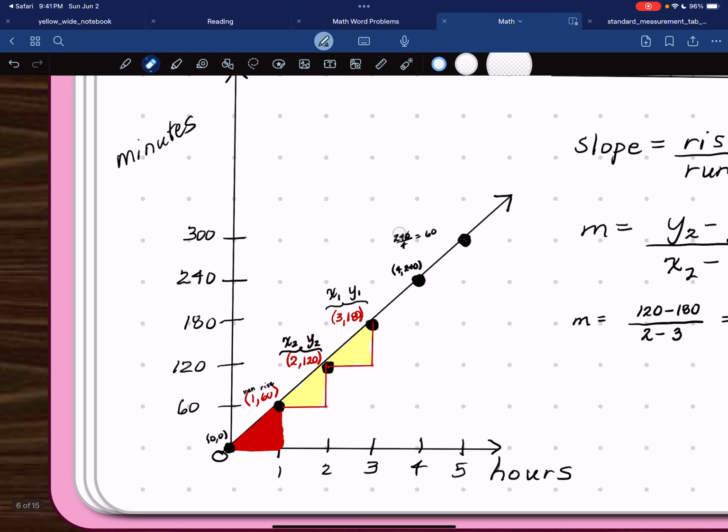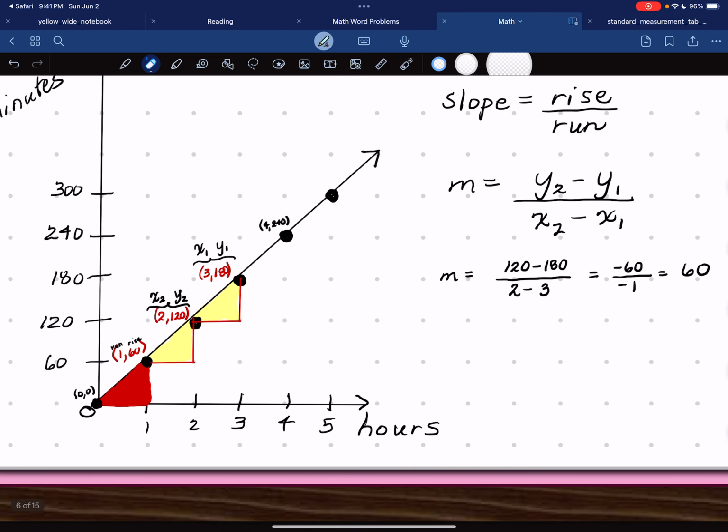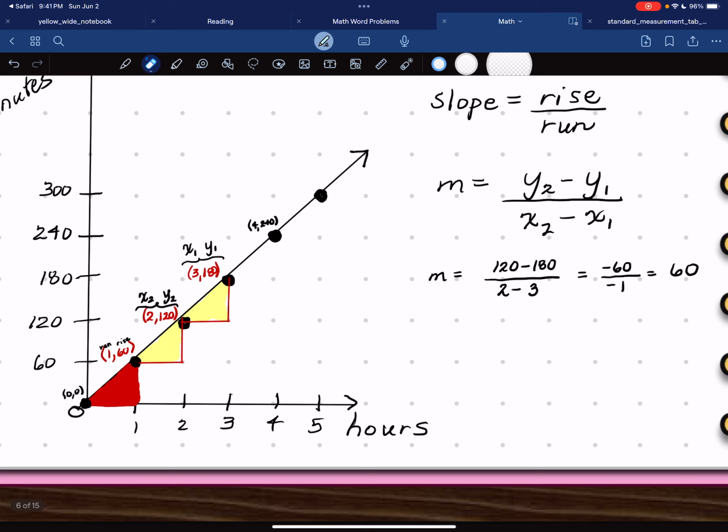All right, and then the last thing that you could do, if you were so inclined, is to write the equation for this line in slope-intercept form. So that would be y equals mx plus b, where you know x and y, slope is m, b is the y-intercept, or where does that line touch the y-axis.